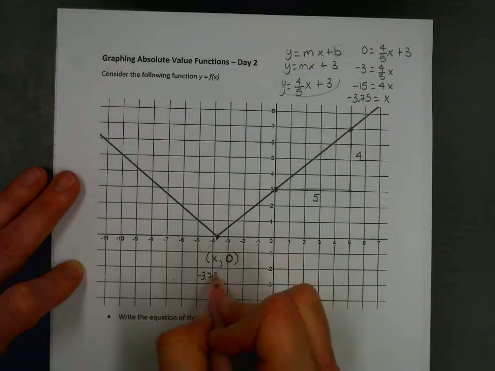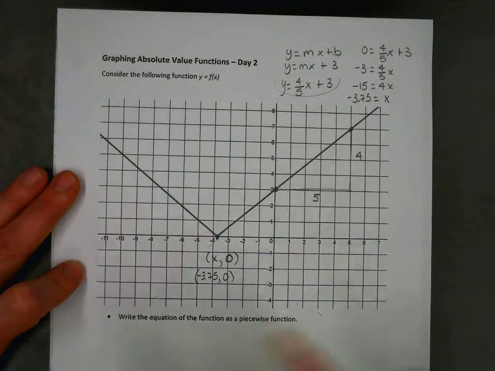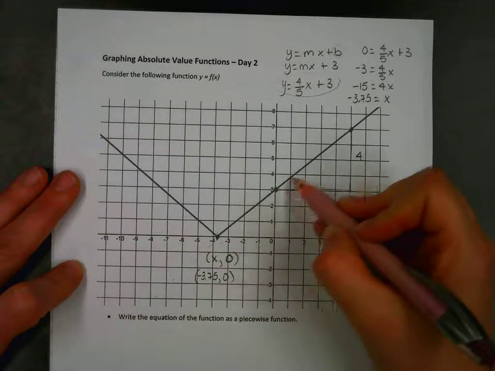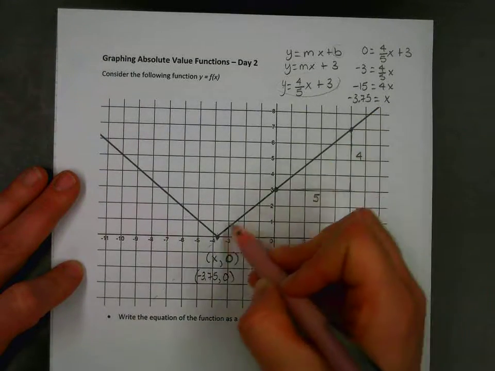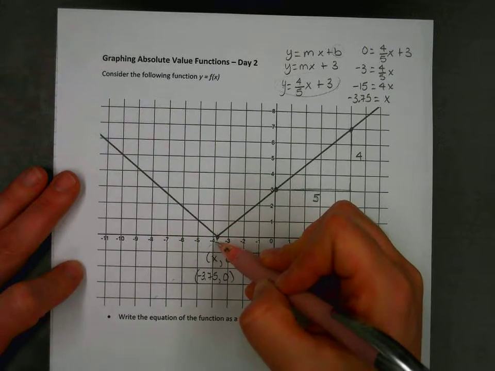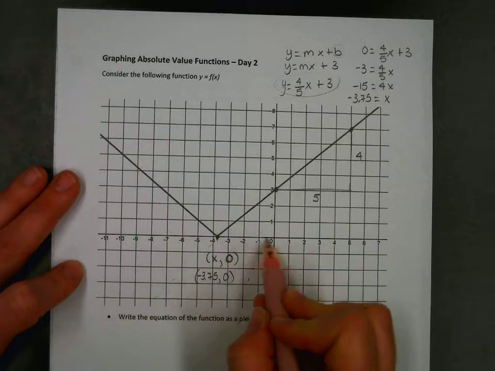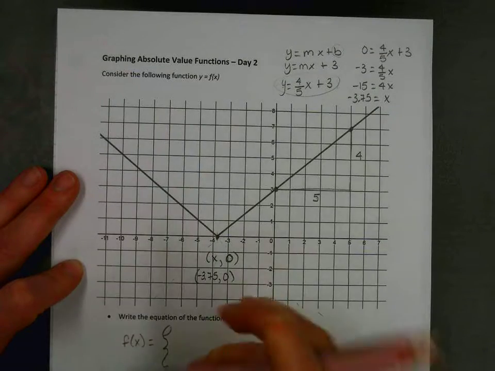Therefore, when I go to write my piecewise function, this equation of my line, I only want to write this function starting at negative 3.75, and the values of x need to be getting greater than that. So as a piecewise function, f of x is equal to, I'm going to create my squiggly bracket.